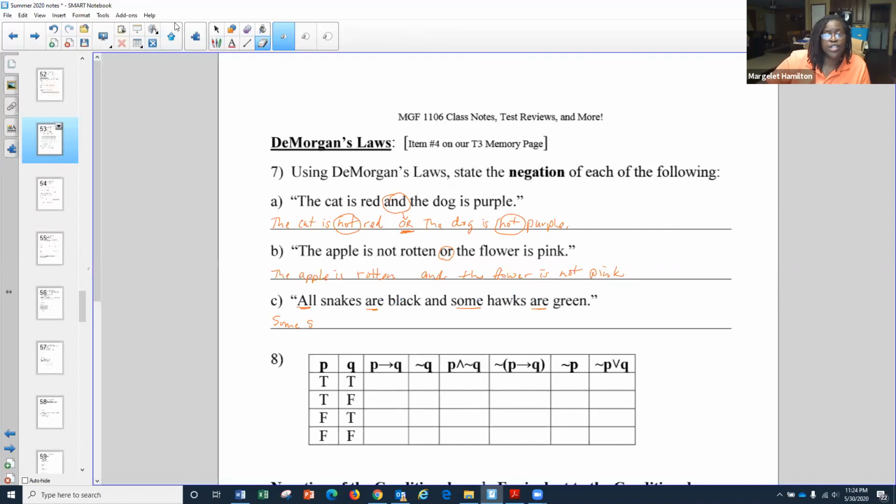I don't got the shakes. I heard about it. Right? Some snakes are not black. Then our and, we know, becomes or. Then some are negates to no hawks are. Okay. Or no hawks are green.